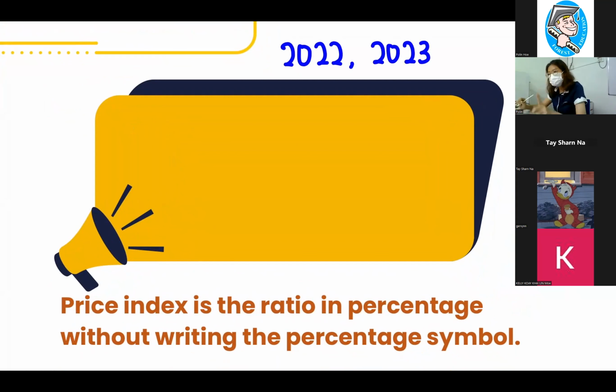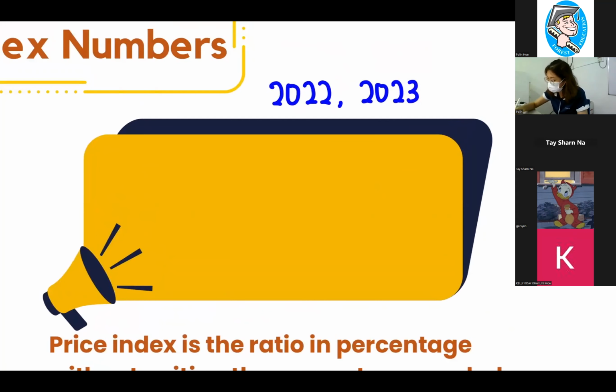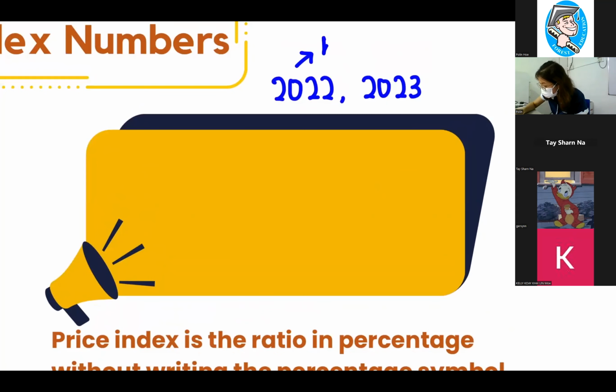The index number or the price index for a certain thing in the year 2023 by using 2022 as the base year. 如果我说这个是 base year, then 它的 index number is 100. Okay, 它是100.